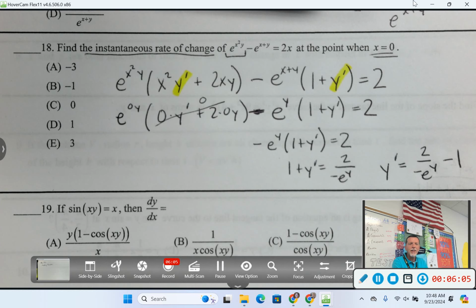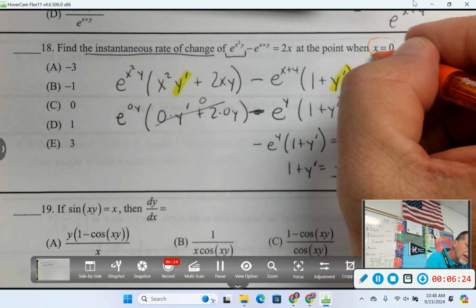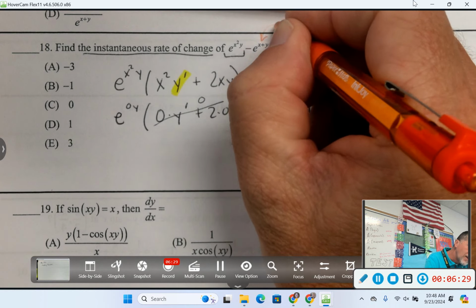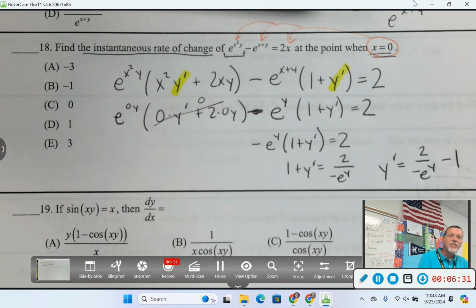What do I need to do in order to go forward with this problem? What else do I need? I need what y is. Is there any way I could figure out what y is? I could plug in x equals 0 into that original equation.